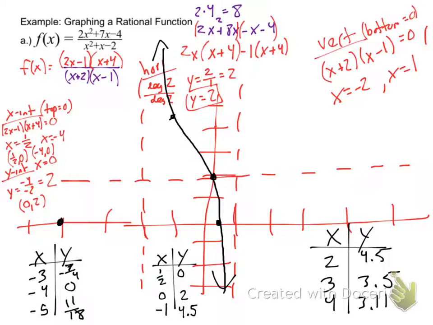Interesting. Let's go to the far left. We already have negative 4, 0. Negative 3 is negative 7/4, which is about 1.75. So, give or take, it's somewhere about there.